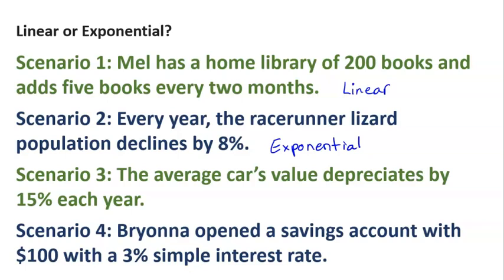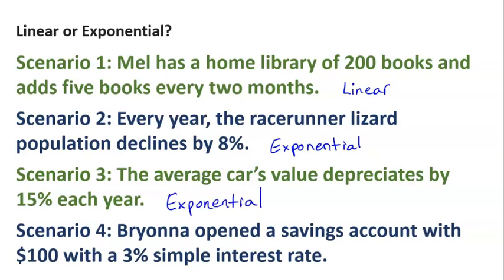With scenario 3, it says the average car's value depreciates by 15% each year. So it's not 15% of what the car's value was at the beginning, it's 15% of whatever the value is at the end of every year. And so that's also going to be exponential.